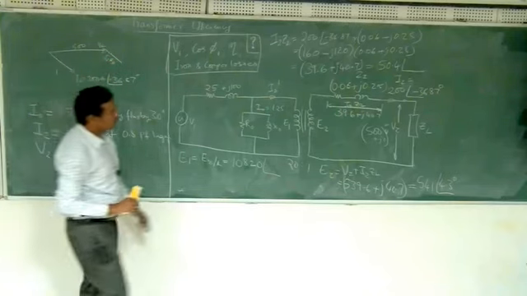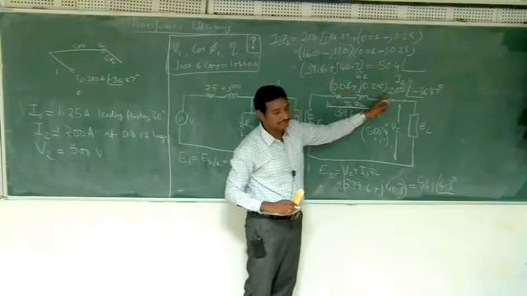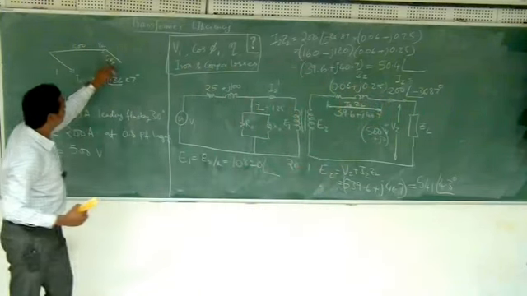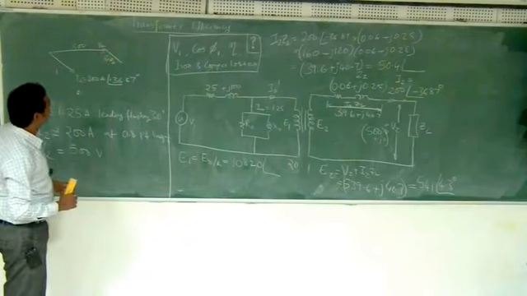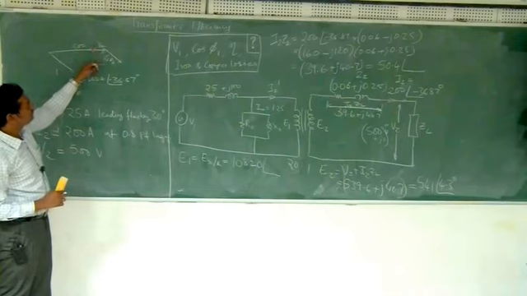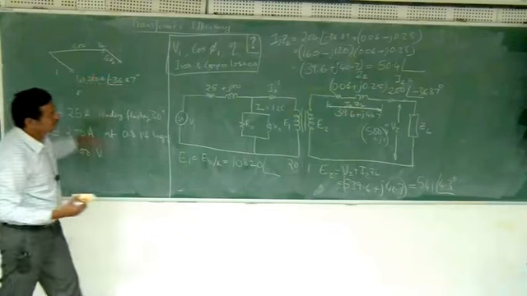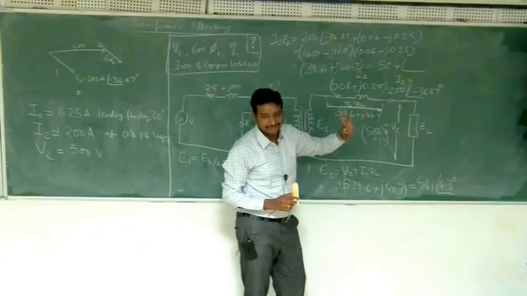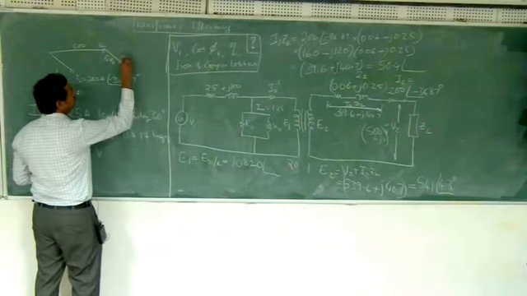See what is I2 R2? 0.06 multiplied by 200, so 12 volts. So the length of this is 12 units, whereas this is 500 units. It's not to scale. I have to do vector addition, V2 plus I2 R2. What is the other vector? I2 X2. I2 X2 is 0.25 multiplied by 200, 25% of 200, which is 50, and that will have an angle of 90 degrees with this.